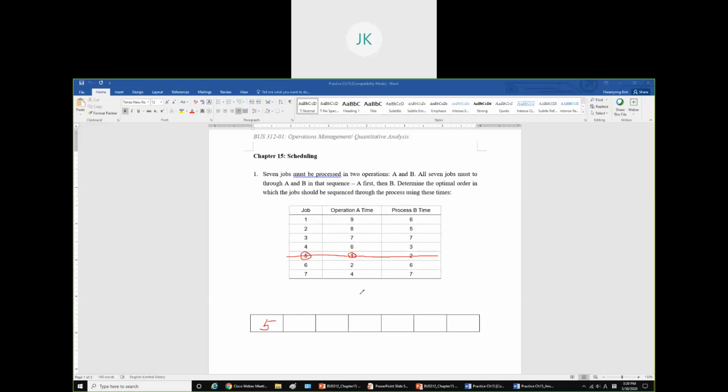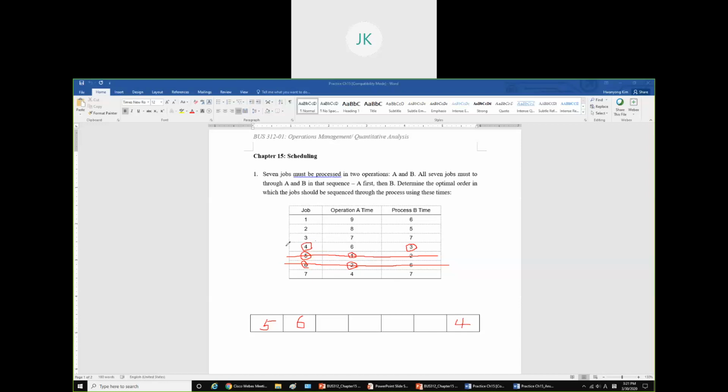This one is the shortest, and first machine, so job 6 goes second, and cross out. The next shortest time is this one, second machine, so job 4 goes last.